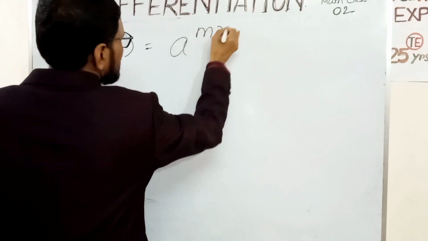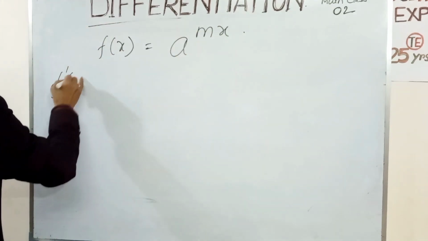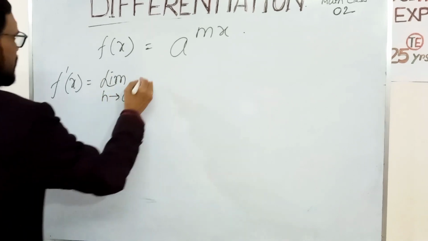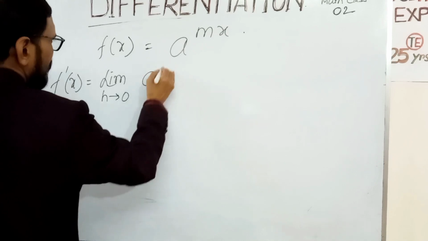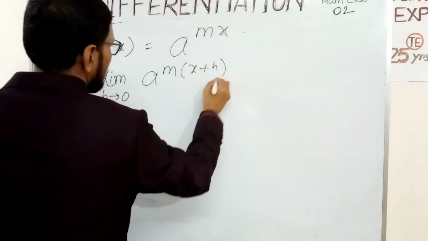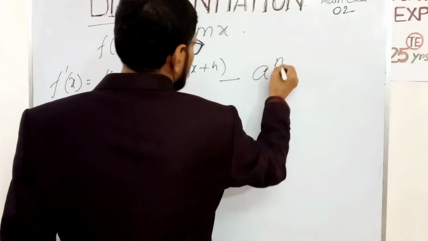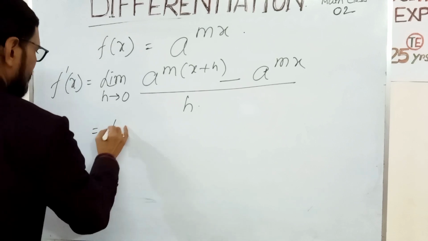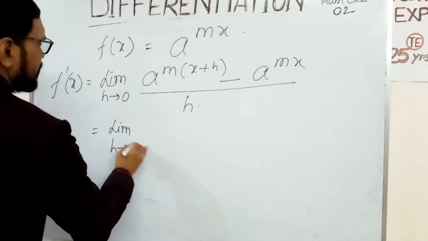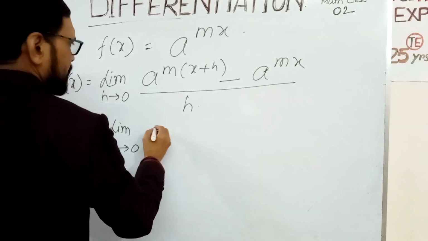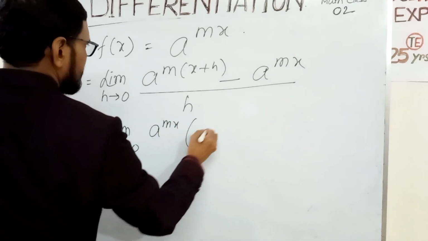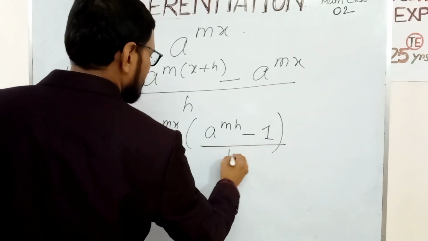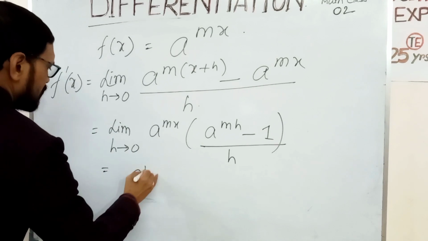Now a to the power mx. So f dash x equal to limit h tends to 0 of f of x plus h, which is a to the power m of x plus h, minus f x, where f x is a to the power mx, by h. So this becomes a to the power mx into a to the power mh minus 1 divided by h.